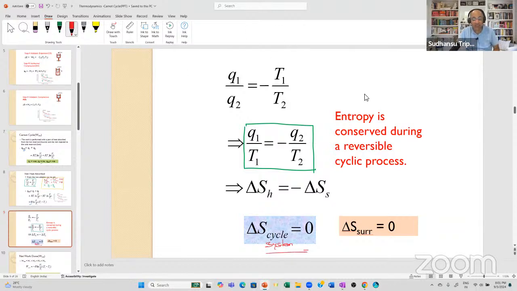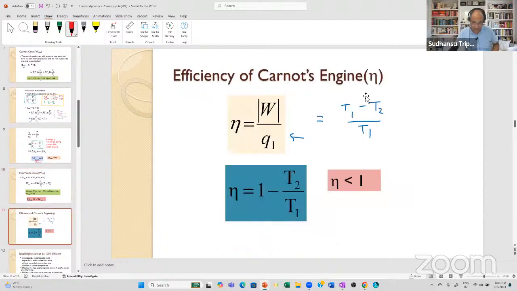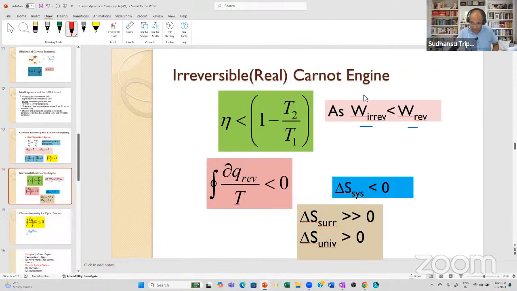But if it is irreversible, as I have already told you, the situation will be different. I have written somewhere later. If it is irreversible, then there will be a decrease, and whatever increase in entropy happens during source to system absorption, more loss will happen at the sink. Comparatively, Q2 by T2 will be numerically greater.